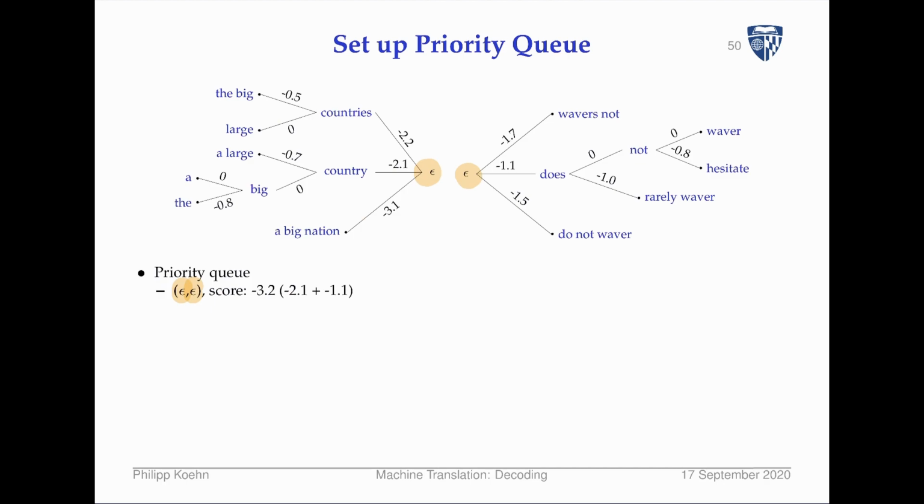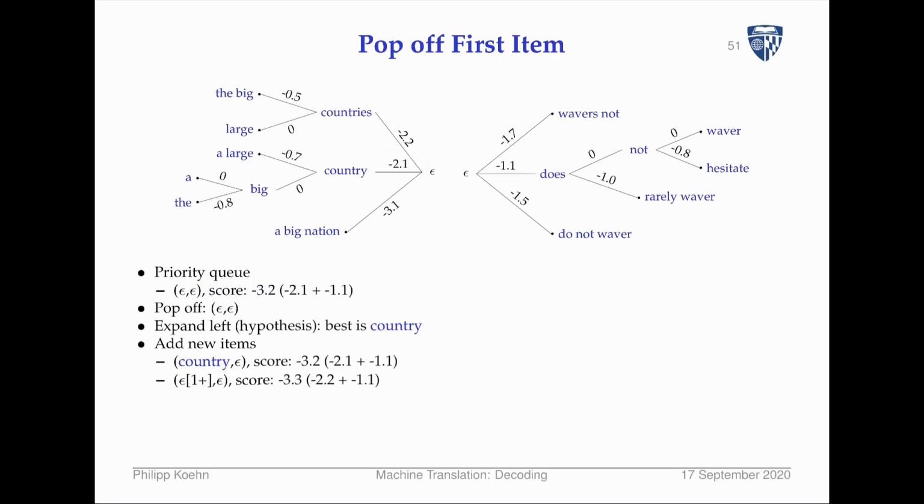For that, we can also compute the minimal score, which is here 2.1 and 1.1. That's the most optimistic, based on future cost estimates for translation options and actual cost for the hypothesis of how this can be combined. That's our queue, the thing that we pop things off from. There is only one item in there, so we pop that off.